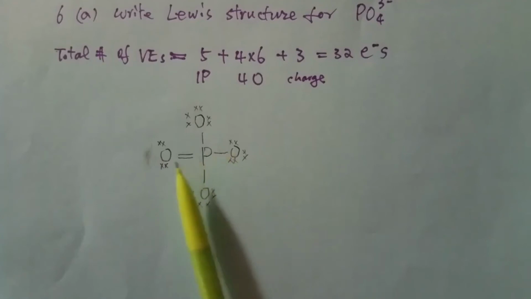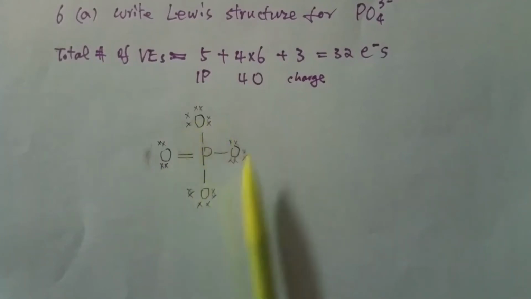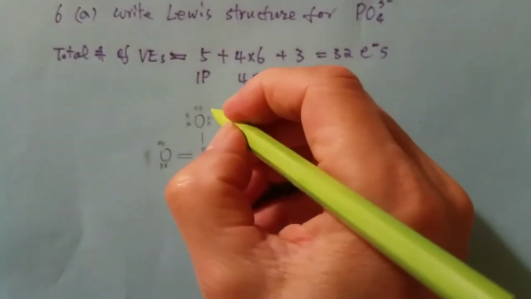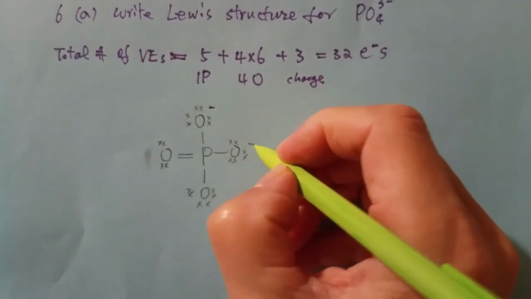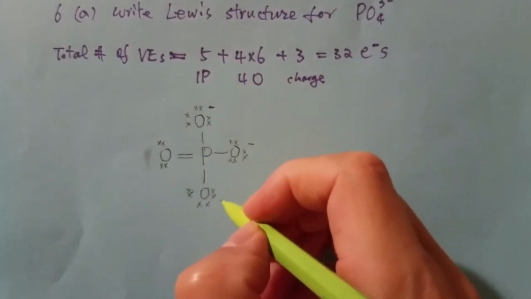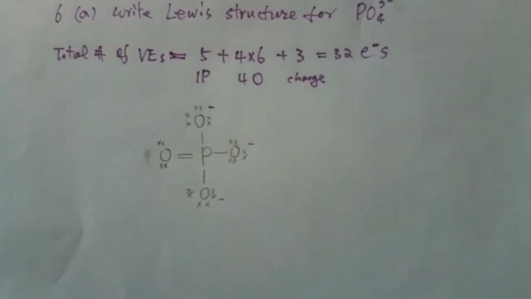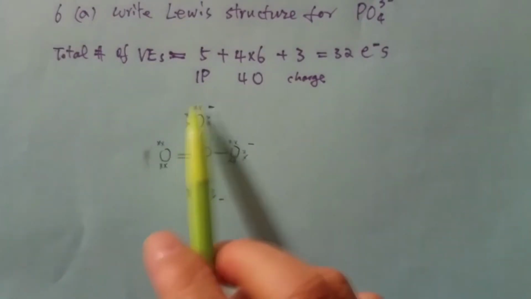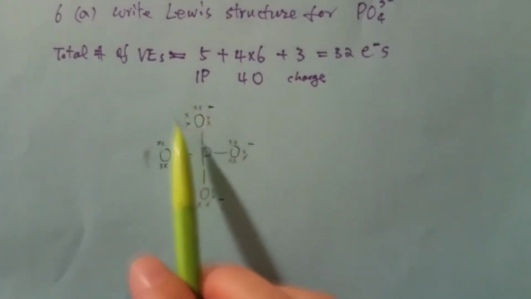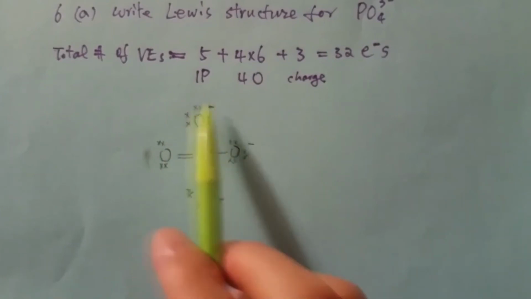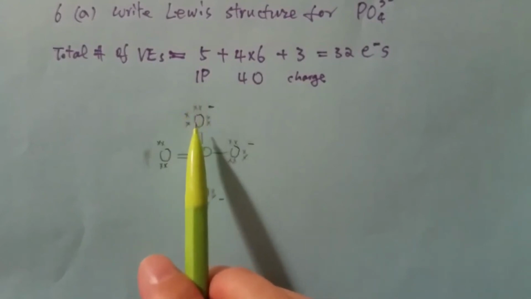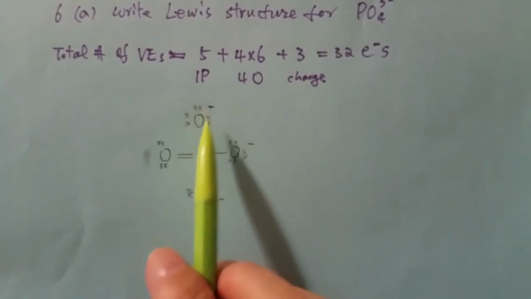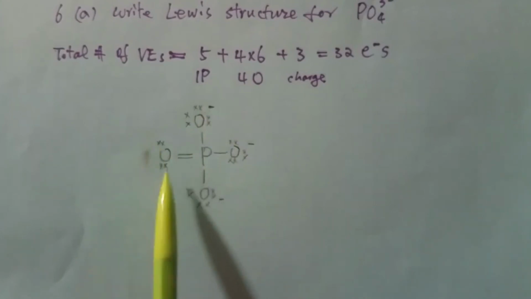In this case, applying the formal charges, we can determine this oxygen carries a negative. This one, oxygen, also carries a negative. This one also carries a negative. You see, because they each have 6 non-shared electrons, which means those electrons can only be found around this oxygen, so the electron density is much higher compared with this one.